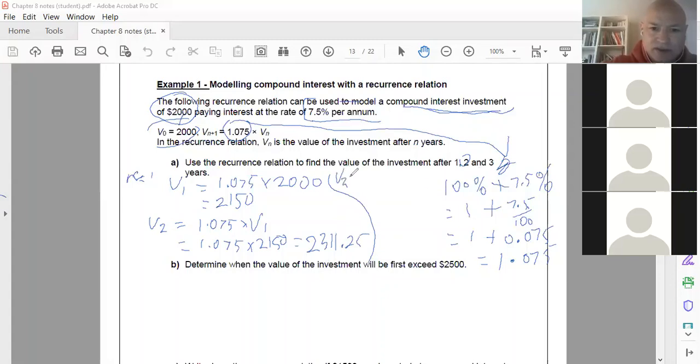V of 3 will equal 1.075 times 2311.25. Just going to rub that out so I can actually write it a bit better.